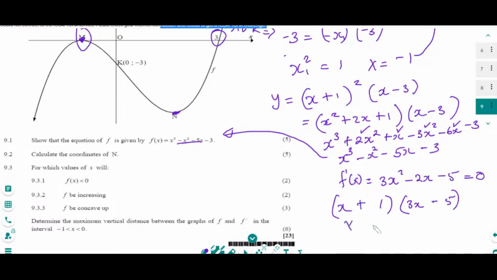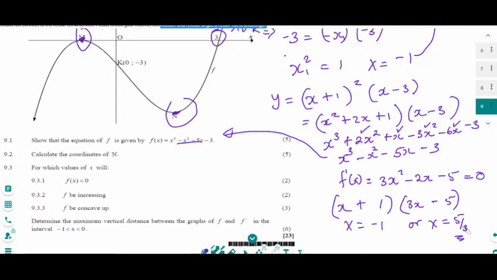So my x is going to be negative 1, which represents the M that we have. And on this side, our x is going to be 5 over 3. So between the two, negative 1 is for M, which means 5 over 3 is going to represent N, the fact that it's also positive.